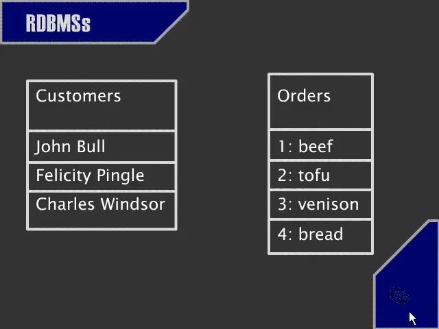When each order is placed, we use a relationship between the orders table and the customers table to determine which of the customers made the order. We'll look at exactly how this happens much later on.